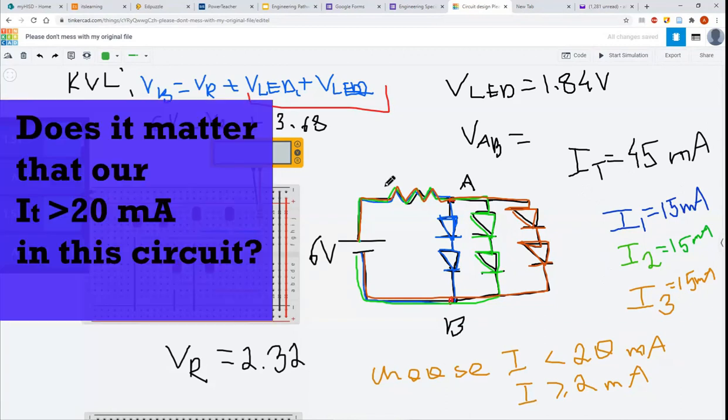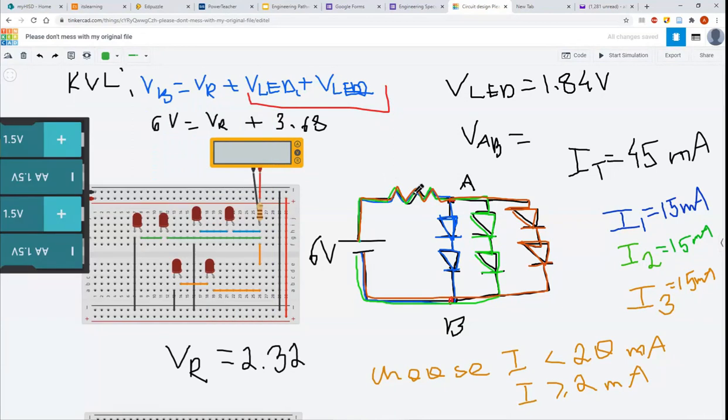Remember I told you, you can't have a current bigger than 20 milliamps going through an LED. Does that actually apply to our I total? Is that current going to affect our LEDs? Yes or no? I total only goes through the resistor. It never goes through the LEDs. It splits up before it ever does. So we can absolutely have an I total that is way bigger than 20 milliamps and nothing bad is going to happen.